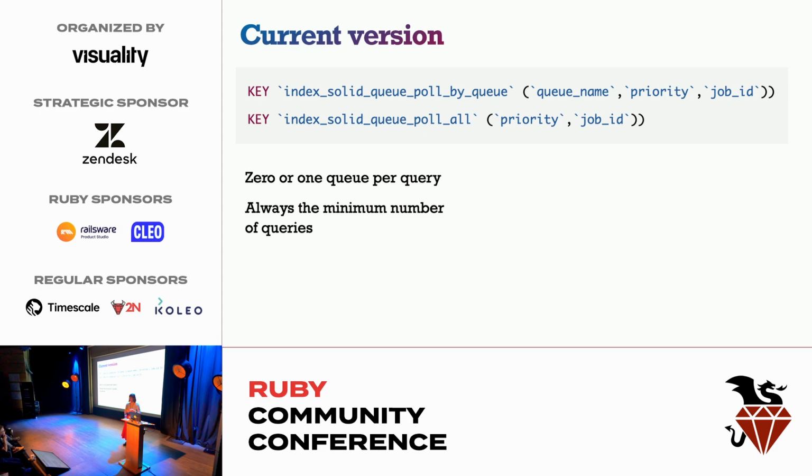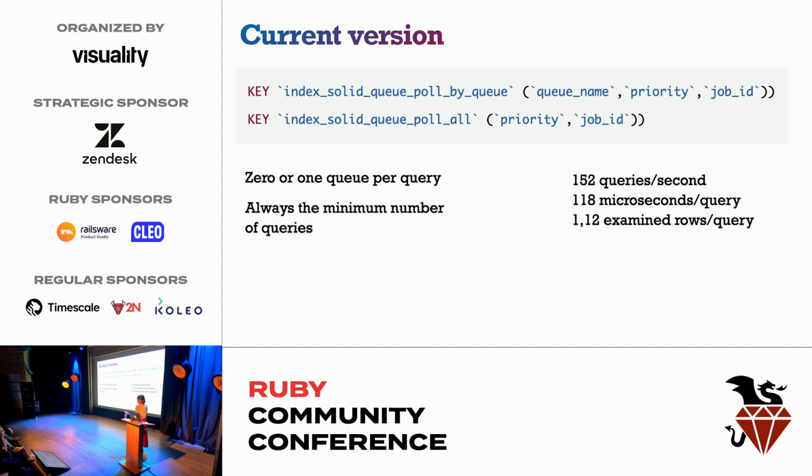If you have paused queues, we check those first. If there are none, we try to find the minimum number of queries. If you have some paused queues, we find all your queues, subtract the paused queues, and then run 1 query per queue name. So we always do the minimum number of queries in total.